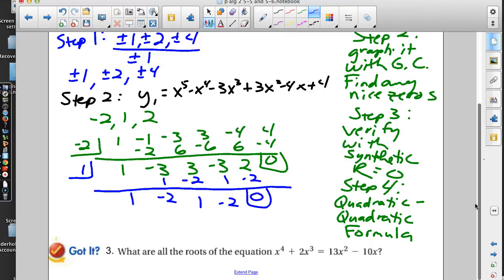Outside the box, multiply by 1. Inside the box, add. So does it work? Cool. Let's keep going. Let's use the last one. Let's put the 2 in.